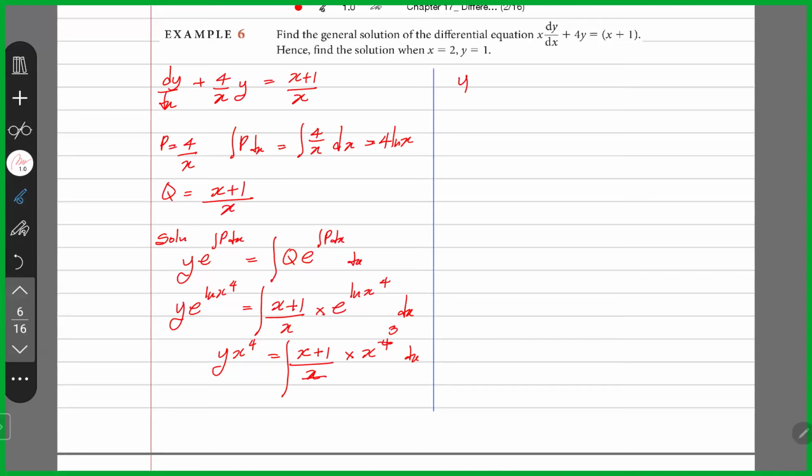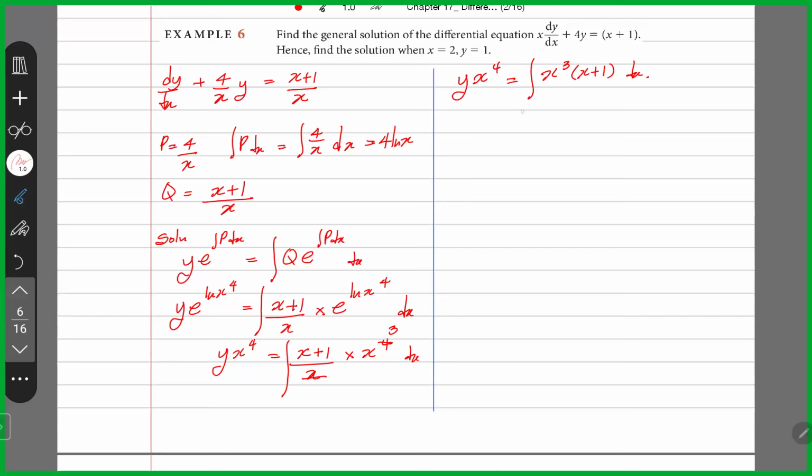So y x to the 4th is equal to the integral of x to the 3rd, x plus 1 dx.